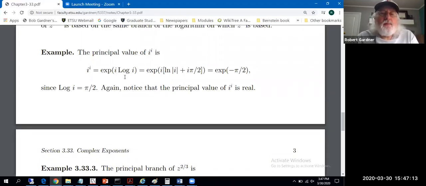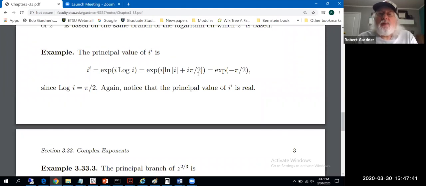Okay, principal branch of the log is defined as the log of i plus i times the principal argument of i. i has a principal argument of pi halves. It's on the positive imaginary axis, so pi halves is its principal argument. We weren't using a principal branch before, we were using one of those multiple valued things. We get a bunch of angles here. We're not. This is a principal value and principal logs and principal arguments.